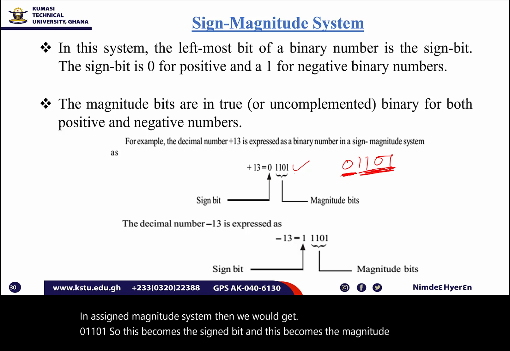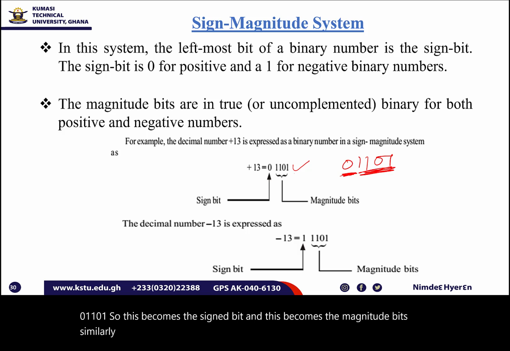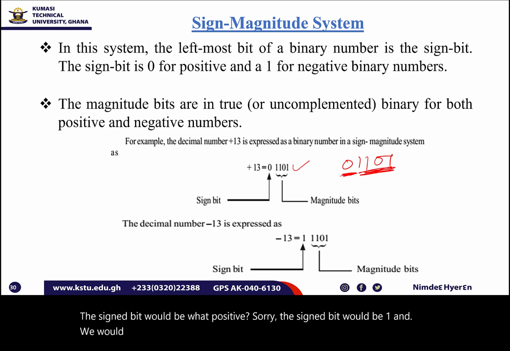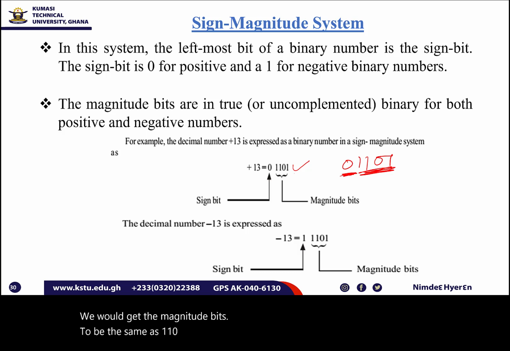Similarly, if we look at a negative number, the sign bit would be what? Sorry, the sign bit would be 1, and we would get the magnitude bits to be the same, 1101. Okay, so take note of that.